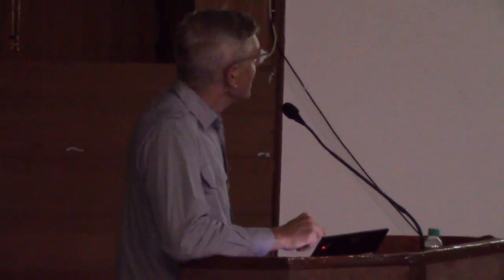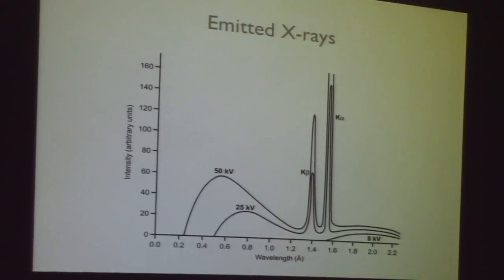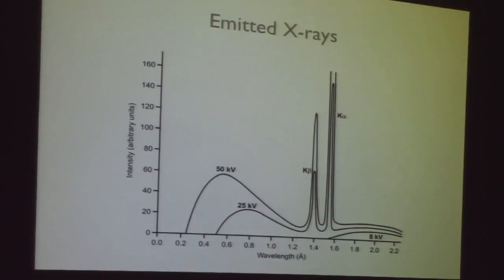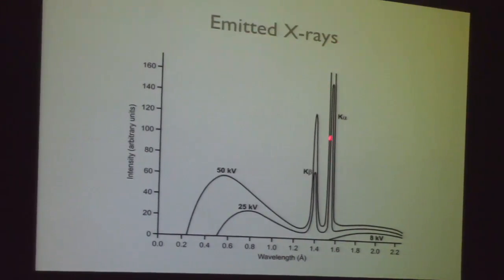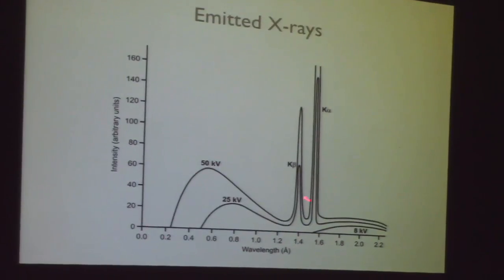So how do we use these in practice? Actually, these characteristic lines are much stronger than the Bremsstrahlung. So most of the time we actually use the characteristic radiation. And the other nice thing about it is this line here is quasi-monochromatic. What we would love to do is have monochromatic radiation, a radiation of a single wavelength. What comes out of the X-ray tube looks like this. It's polychromatic.